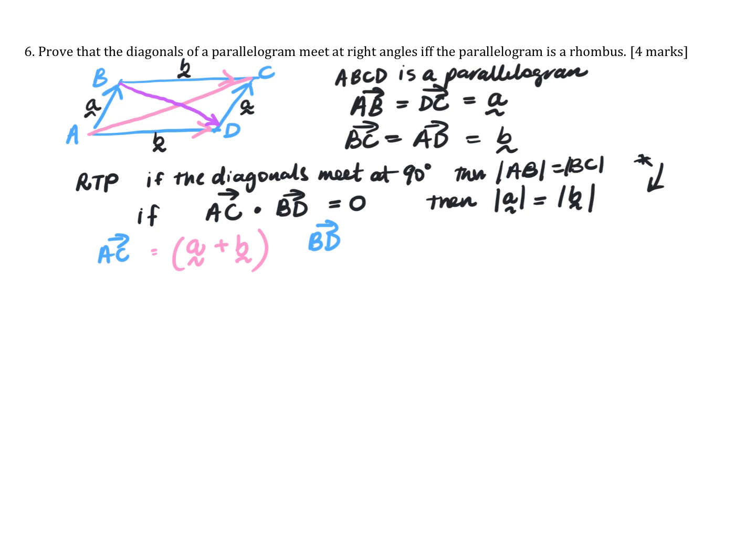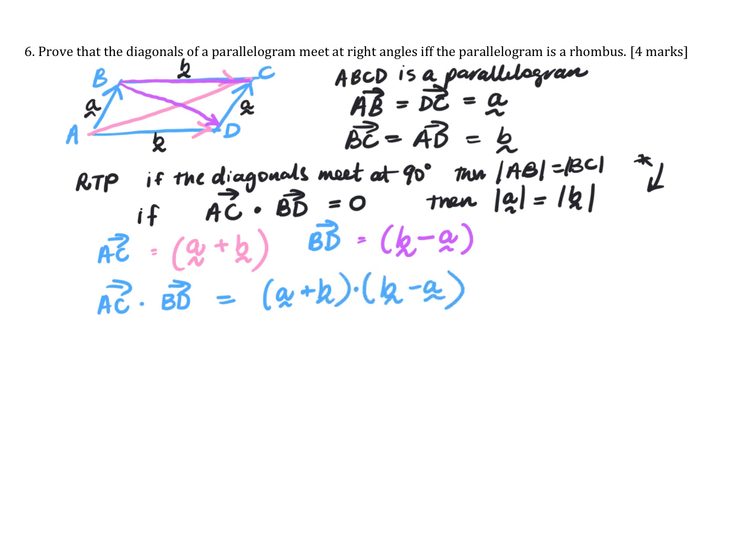Well, I'm going to go along B in a positive direction, and then I'm going to go minus A, like that. So I next need to work out AC dot BD, and that's going to equal the dot product of A plus B dot B minus A, like that.